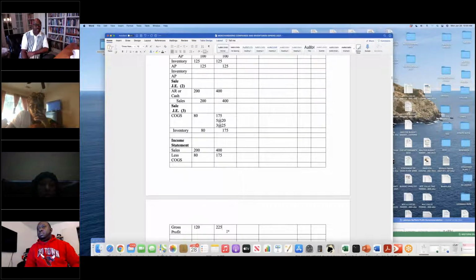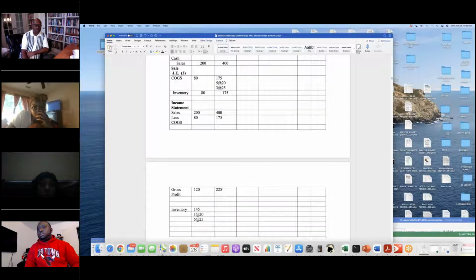What do we have left in inventory now? 2 pair. 2 at 25, so that's $50, right? So all we have is 2 at 25.